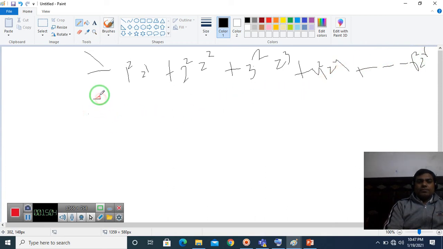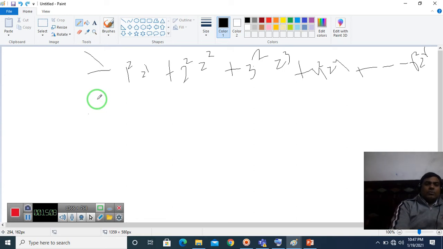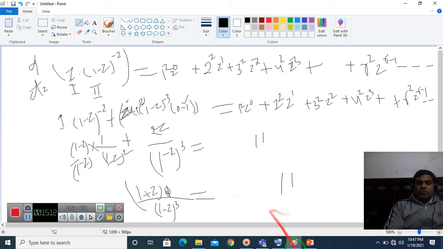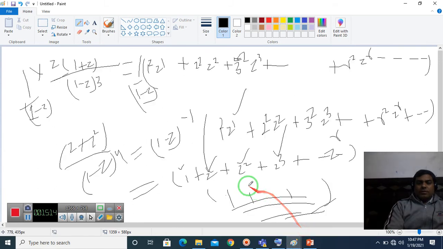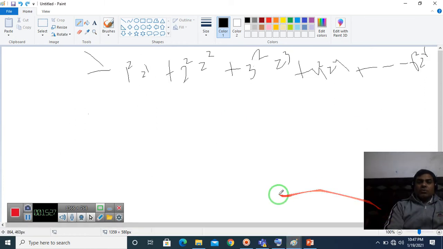Basically it should be plus. But when you multiply this series by z, it will increase the power of the whole series by 1, so it becomes z to the power 2. So we should write under the z to the power 2.